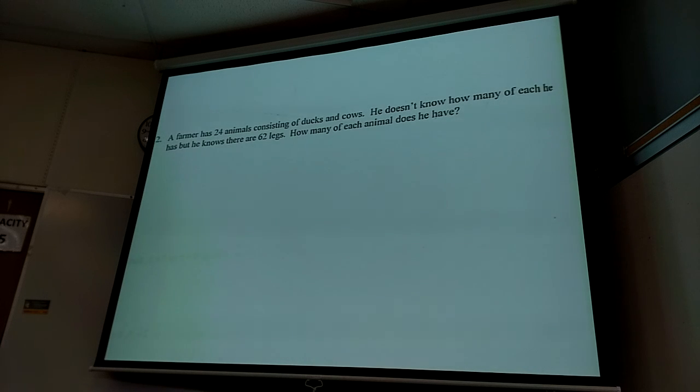All right. So try to figure out how to set this up. Do you see 2 relationships? Not 2 things. I see cows and ducks. Great. 2 relationships. That's where your equations come from.